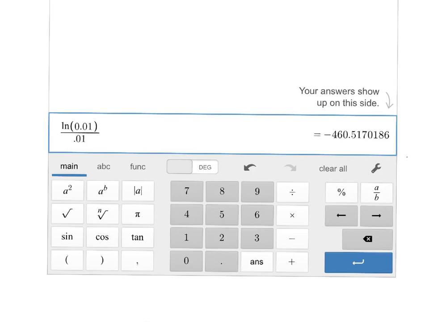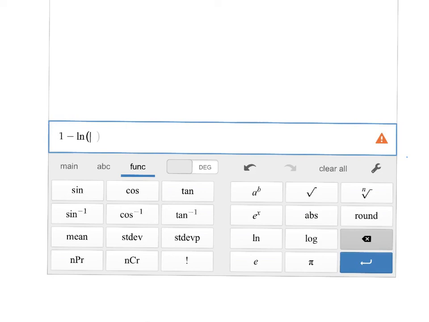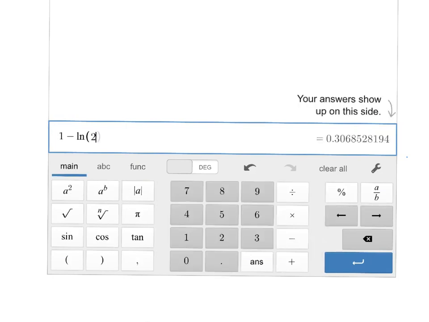So I would just go 1 minus ln 2.6. That's 0.044, which is positive.